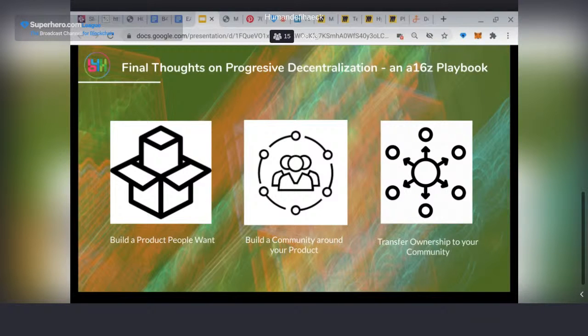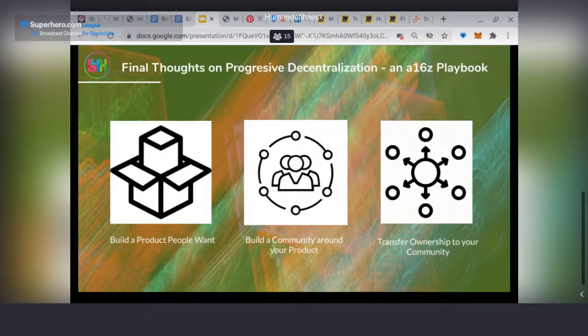Okay, so this is a take of a playbook shared by A16Z, which is a venture fund, called Progressive Decentralization, that I wanted to share with you guys. This is just an opinion, just a take. Maybe you want to decentralize from the very beginning, and for your case, it will be useful.